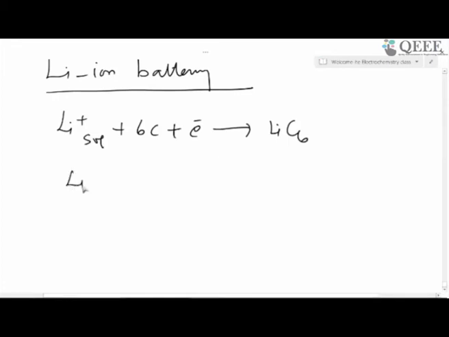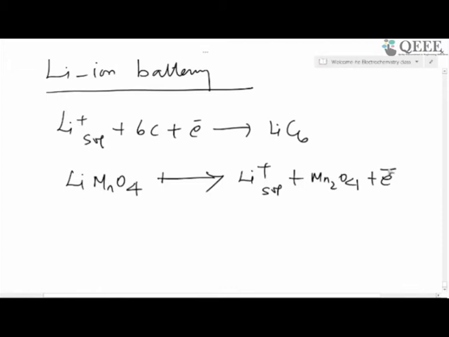Let us consider this. This is the reaction during charging of a lithium battery. So what happens during charging?